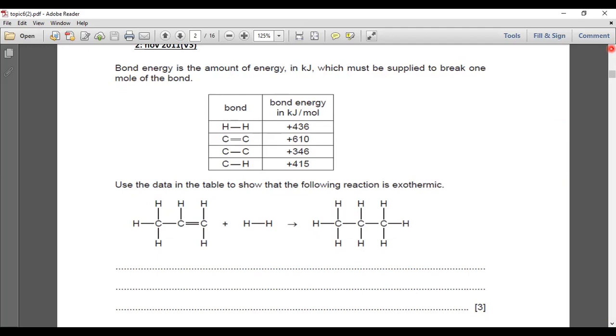Guys, you have to count each bond in the question. Each bond. What does it mean? When you start to find energy in, you have to count every bond. Start compound by compound. Finish the first one, then go to the second one.